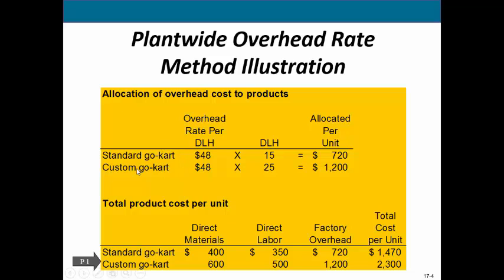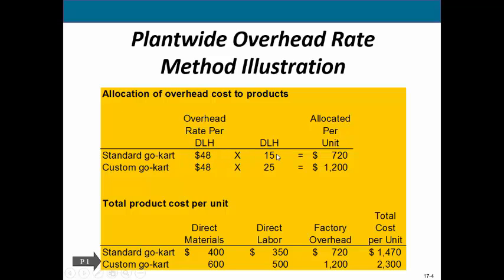You can see here for our standard go-kart, we're told that making one go-kart takes 15 direct labor hours. And then our custom go-kart uses 25 direct labor hours. Remember, our predetermined overhead rate tells us that for every one direct labor hour, we will apply $48 of our overhead.